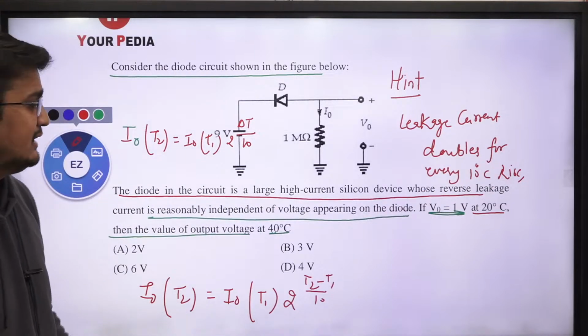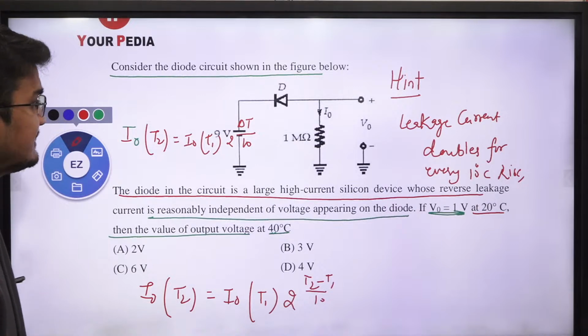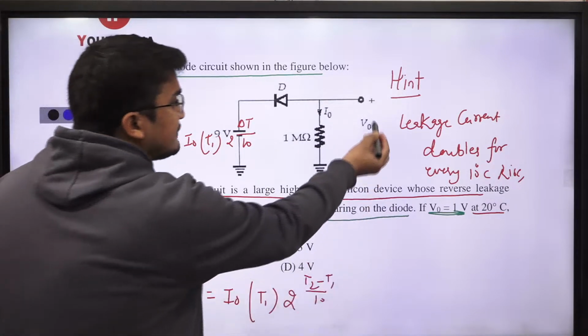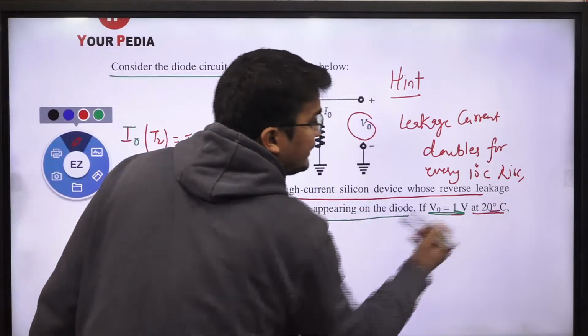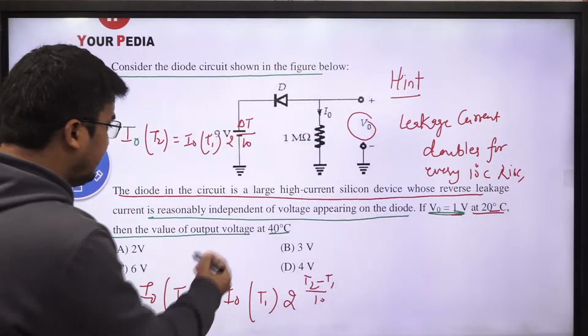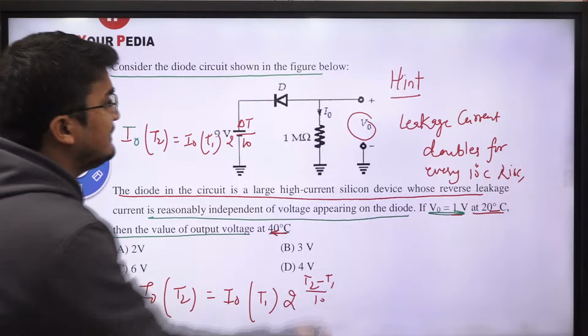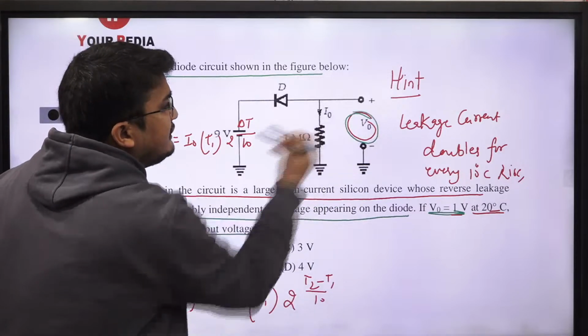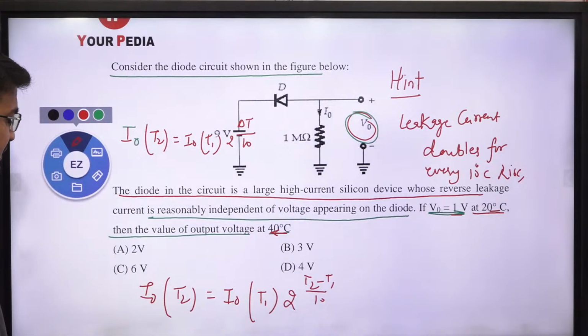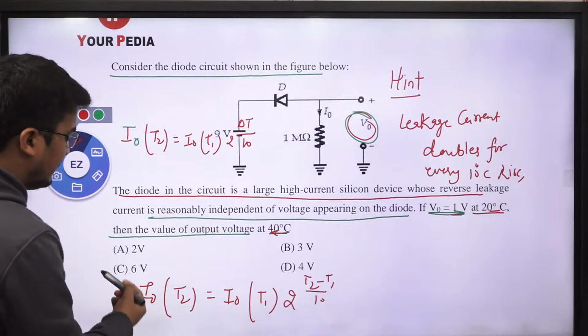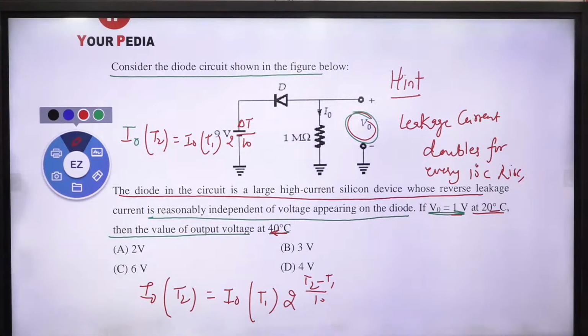Now, the question asked is, if this V out is 1 at 20, then what will be V out at 40 degrees? It means he's asking what variation this V out will take with the temperature variation. Option A 2 volt, option B 3 volt, option C 6 volt, option D 4 volt.